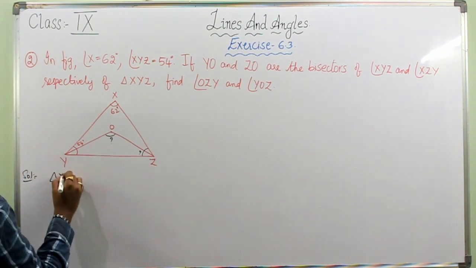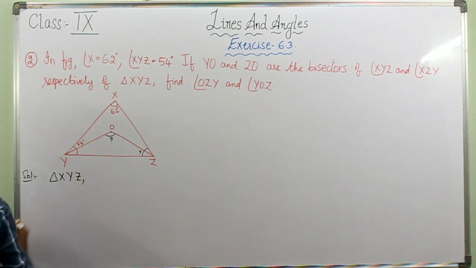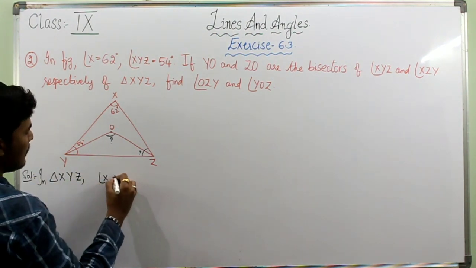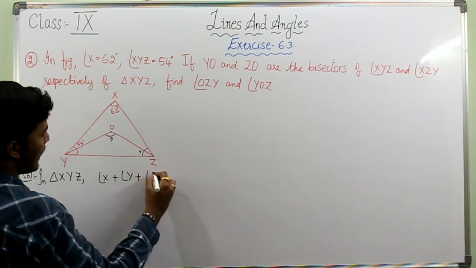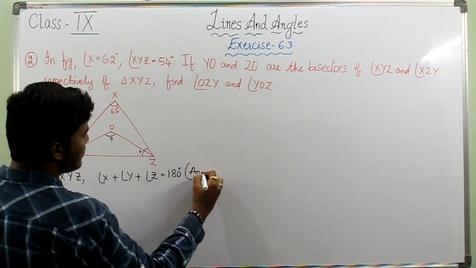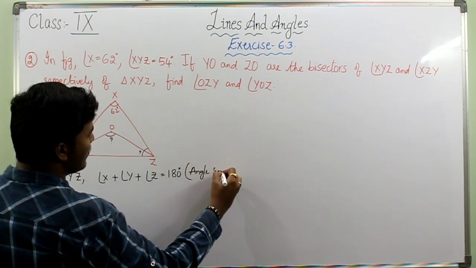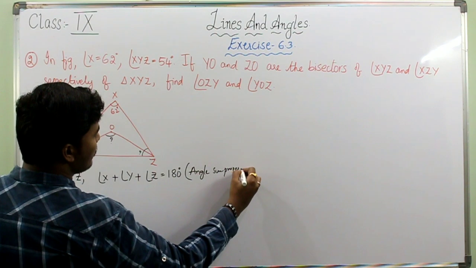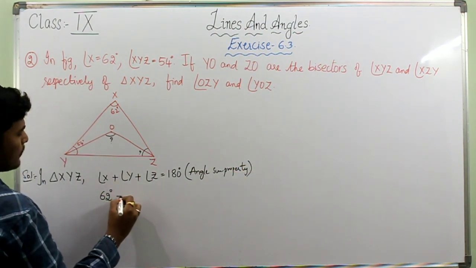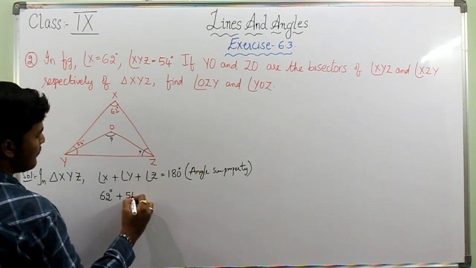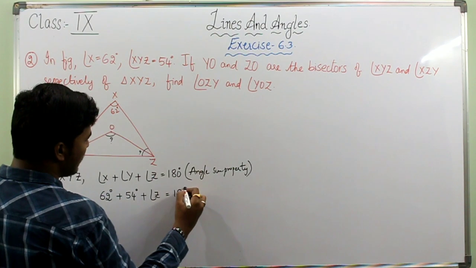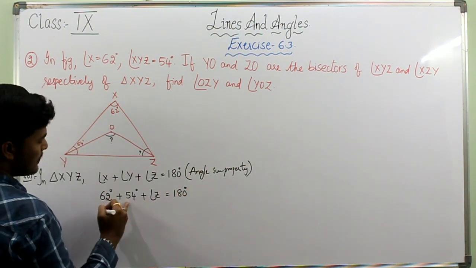In triangle XYZ, we will write angle X plus angle Y plus angle Z is equal to 180 degrees because of the angle sum property. Okay, but angle X is given as 62 degrees, angle Y is given as 54 degrees, plus angle Z is equal to 180 degrees. 62 plus this will become how much?